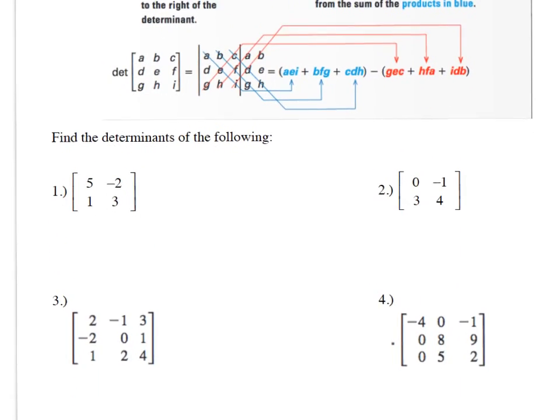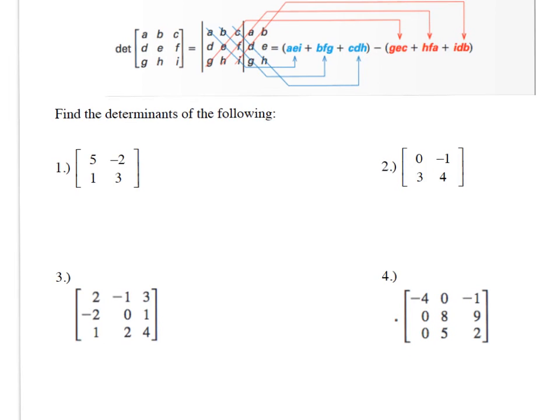So if I wanted to find the determinant in number 1, so 5, -2, 1, and 3, I'm going to take the numbers on the main diagonal, 5 times 3, and I'm going to take the other two numbers, 1 times -2, and you're going to subtract those values.